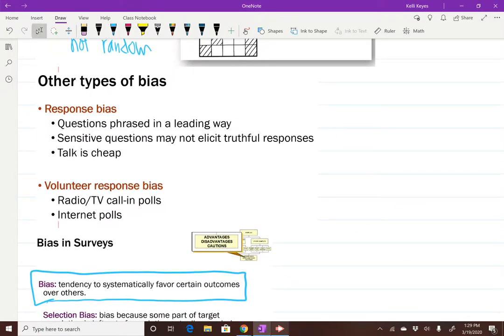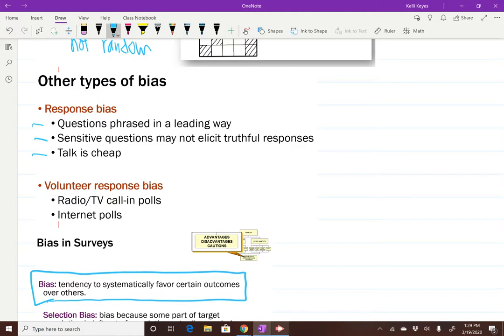So other sources of bias here is just like when questions are phrased in a leading way. Okay. If the questions are sensitive and they don't want to say the truth, and again, people can say things, but is that really what is happening?